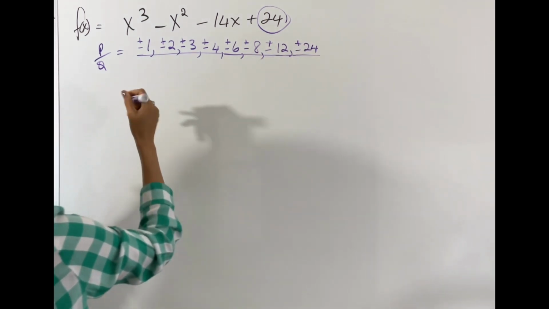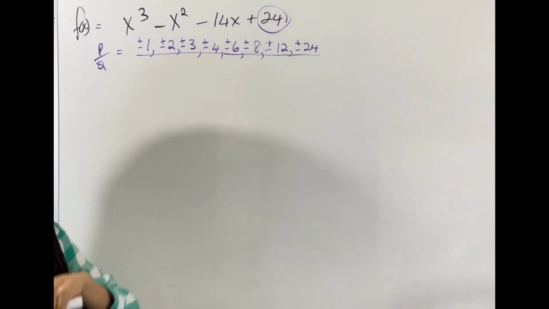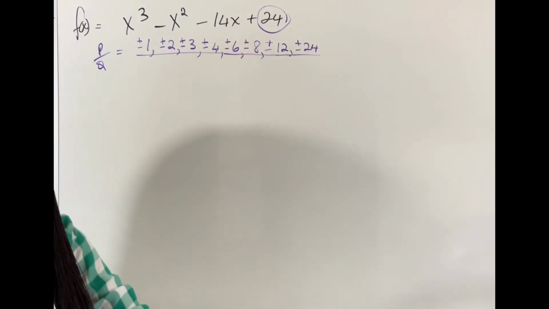So these are our factors of our constant term, which is 24.